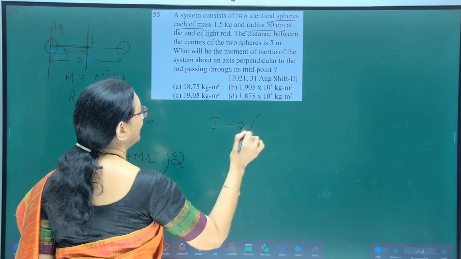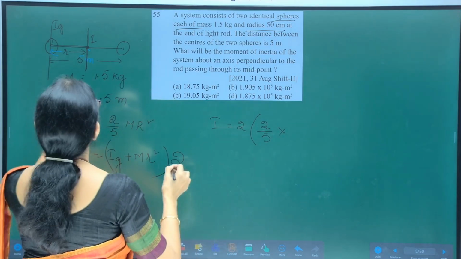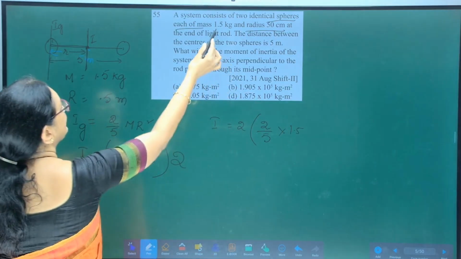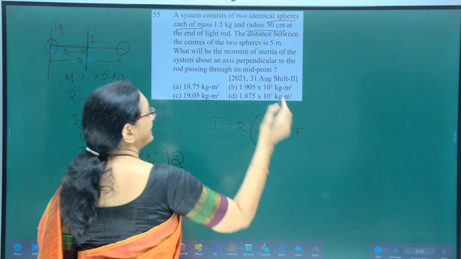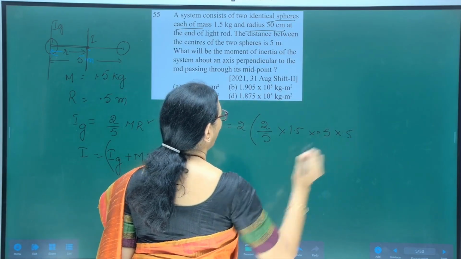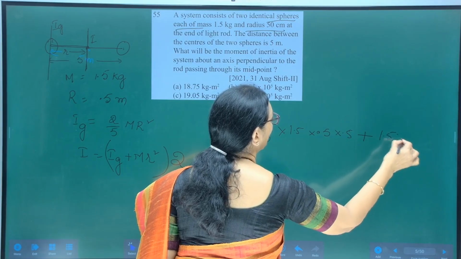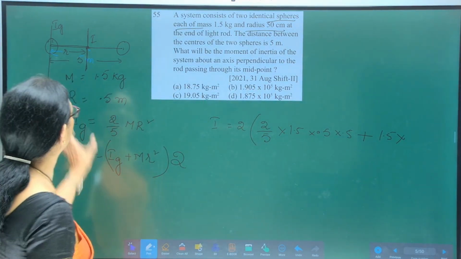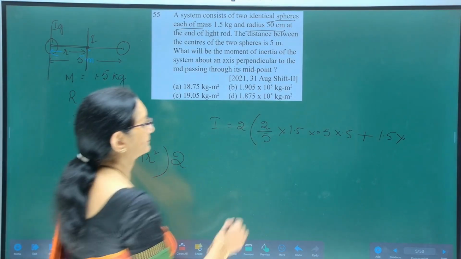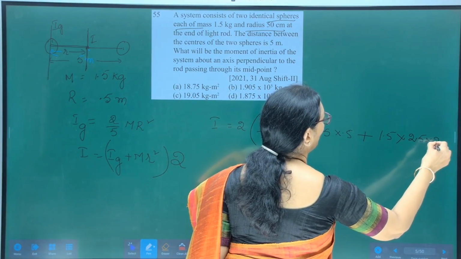It is 2 into, Ig is 2 by 5, mass of each sphere is 1.5 kg, radius is 0.5 meters, 2 by 5 mr square plus m into the square of the perpendicular distance between the two axes, that is 5 by 2, that is 2.5 into 2.5.